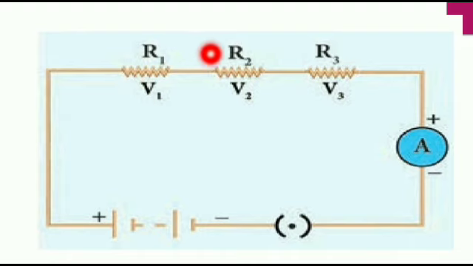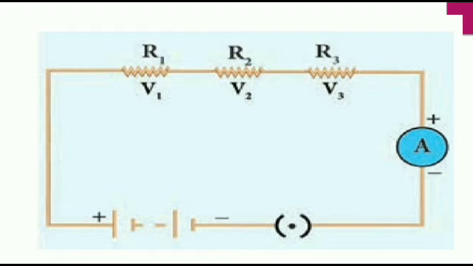In the same way, some voltage drops across which resistor? R2 resistor. That voltage is V2. In the same way, some voltage drops across this resistor, that voltage is V3. Only the voltage differs, that is the voltage drop, but the current is the same. From the positive terminal to the negative terminal, only the voltage differs.